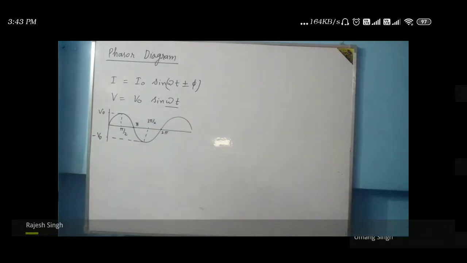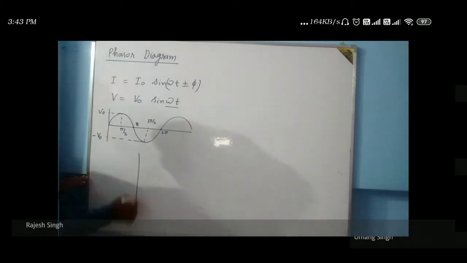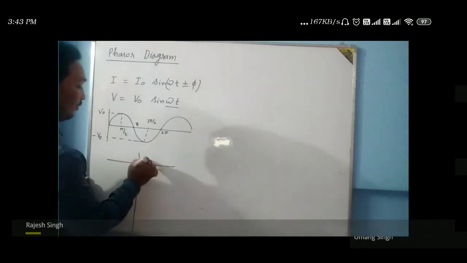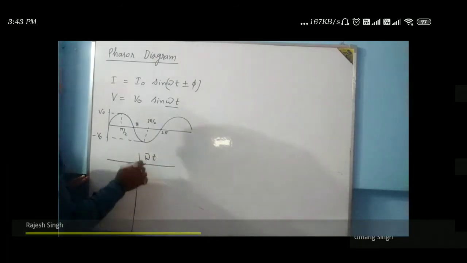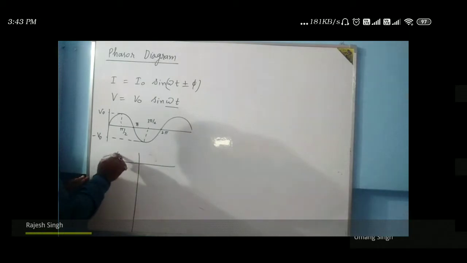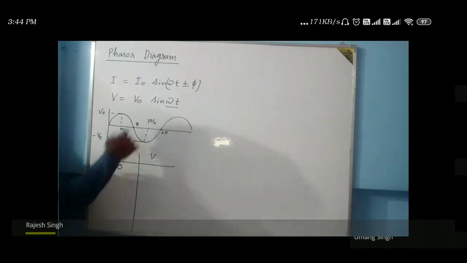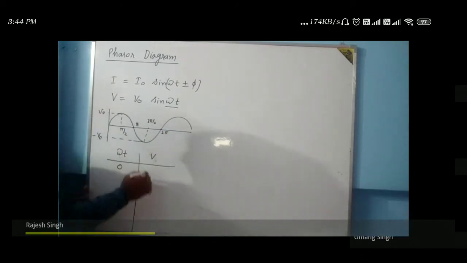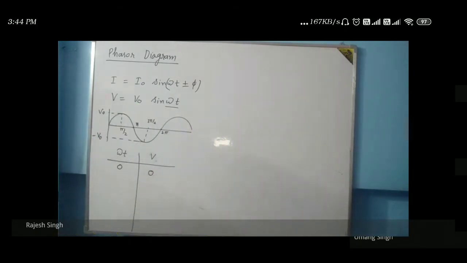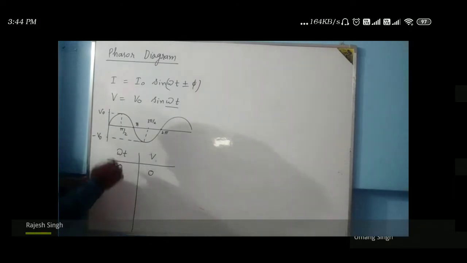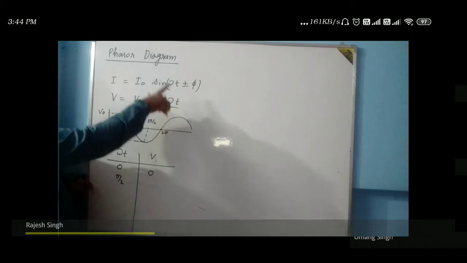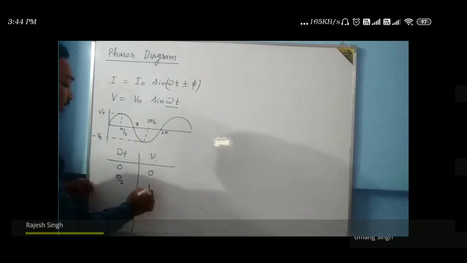If I make a table for different values of omega t and V, here I am writing omega t, here I am writing V. When omega t is 0, the value of V is 0, because sine 0 is 0. When omega t is pi by 2, sine pi by 2 is 1, so V becomes V naught.